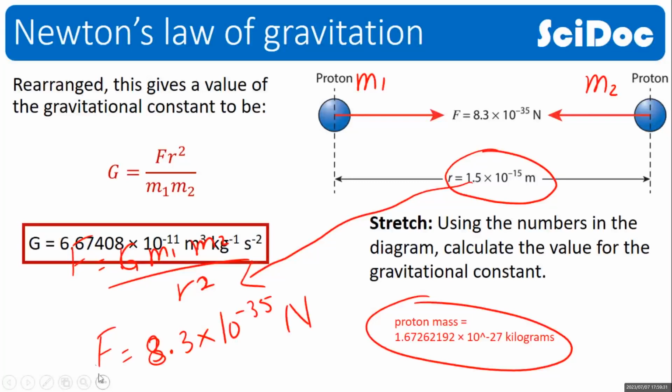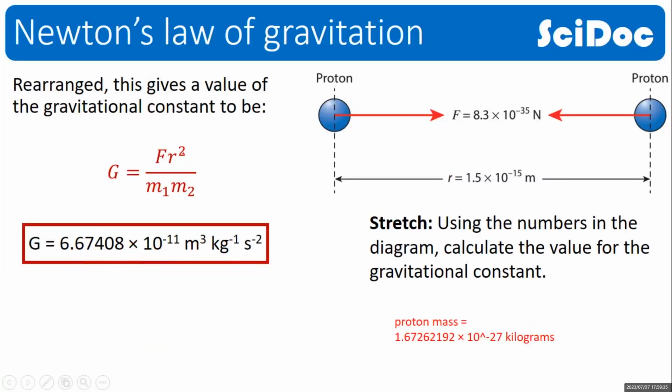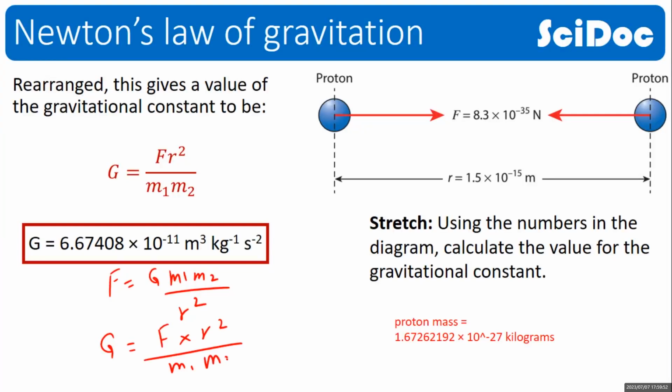Similarly, we can use the same formula to calculate the value of G. As we know that F is given by G m1 m2 over r squared, we can use the same formula to calculate the value of G. So G can be given by F into r squared divided by m1 into m2.